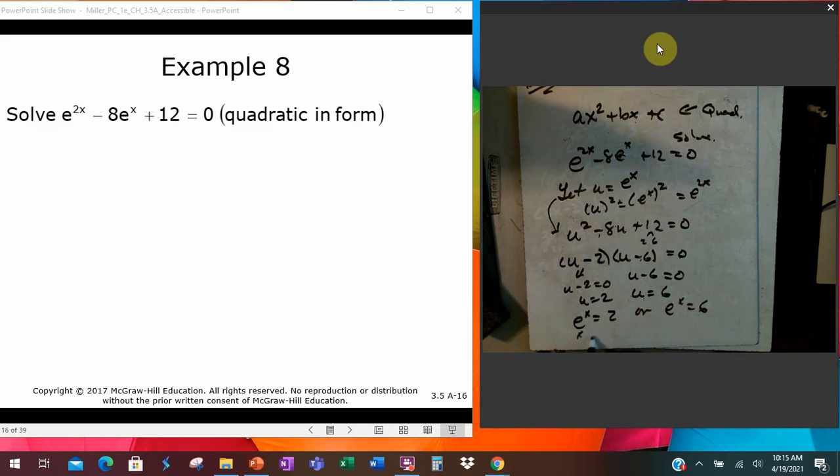And that means x is equal to ln of 2. Take the ln of both sides. ln of e to the x is just x. Or the equivalent form, right? Do the log form. X is equal to ln of 2 or x is equal to ln of 6. So either one of these would work for x.